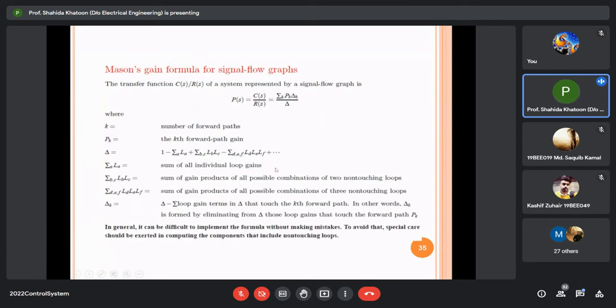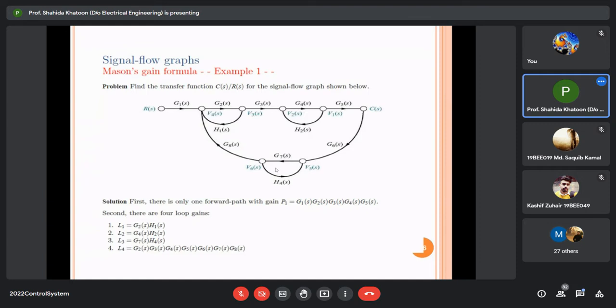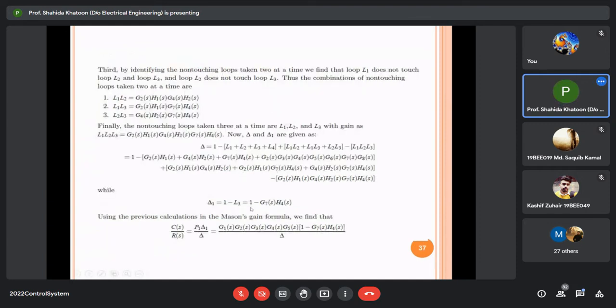So we write 1 minus L3, which is basically 1 minus G7H4. Applying Mason's formula, you get C(s)/R(s) as P1 delta 1 upon delta. P1 is the first forward path, that is G1, G2, G3, G4, G5, into delta 1, which is (1 minus G7H4), upon delta, this whole term. Please take notes and ask if you have any difficulty.